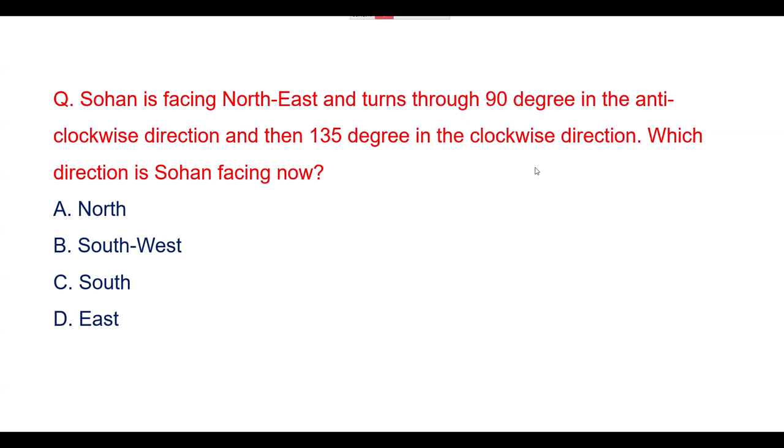Next, regarding directions. Sohan is facing northeast, turns 90 degrees in anti-clockwise and 135 degrees in clockwise. Now Sohan is facing which direction? Sohan is facing northeast, and turns through 90 degrees in anti-clockwise direction.